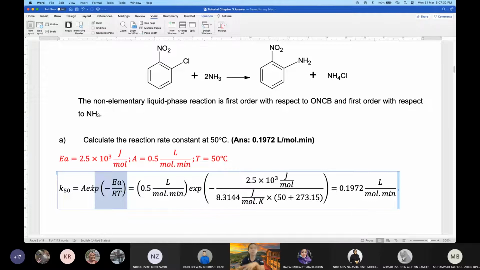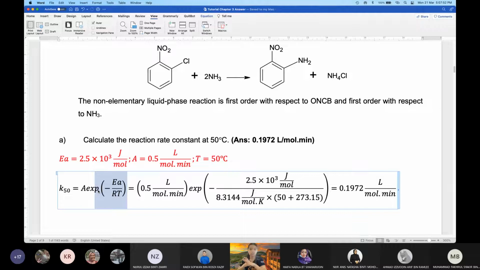When we talk about unit, you will never hear unit exponential kan? Maksudnya kamu takkan dengar exponential liter, exponential kilogram, exponential joule, exponential Kelvin, exponential ATM. You will never hear unit dalam bentuk exponential because it will never happen.